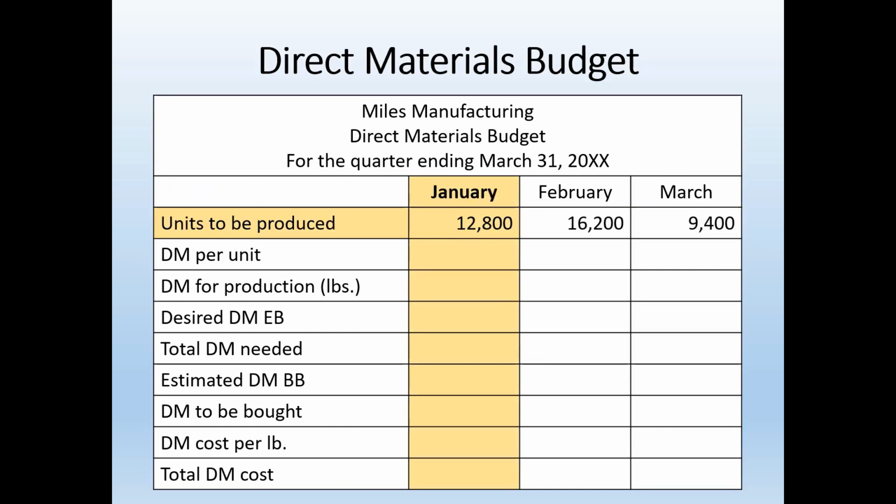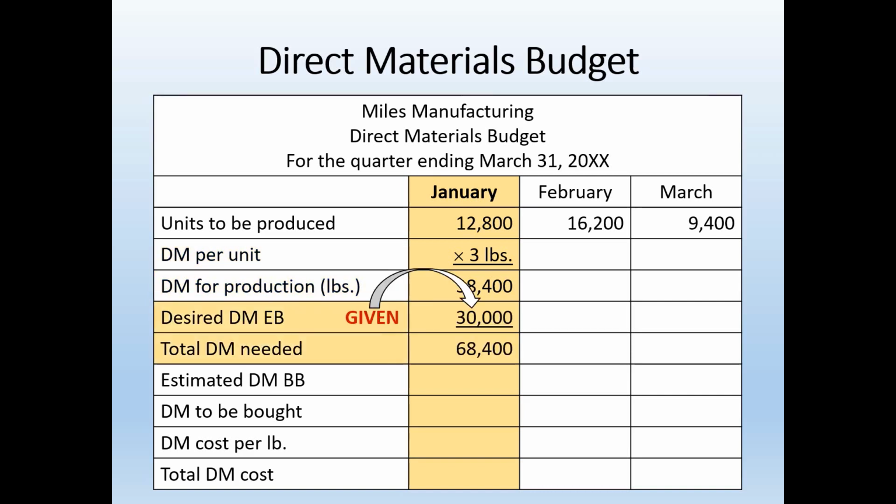In January, we take the number of units that the firm wants to produce and multiply it by the number of pounds of direct material that goes into each unit. And that tells us the total number of pounds that the firm needs for production in January.